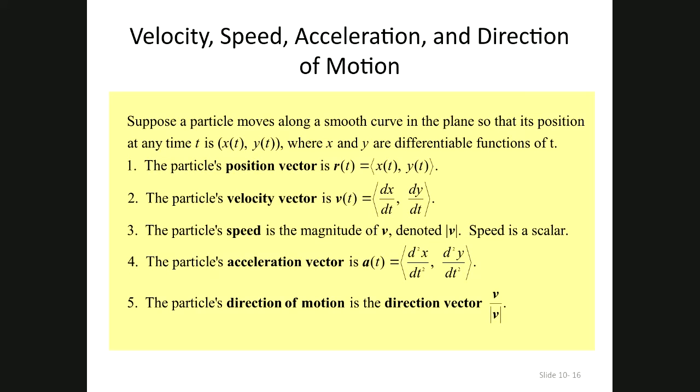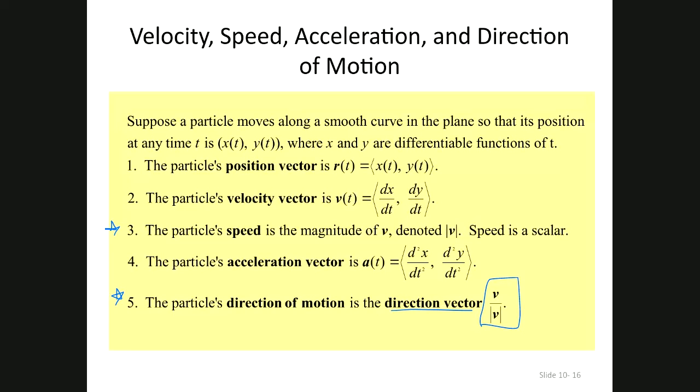Thus, the particle's speed is the magnitude, so it's just the absolute value of v. And then the particle's acceleration is the second derivative, just like it would be with anything else. The particle's direction of motion is the direction vector, v over the magnitude of v. Okay, these two are the most important that we're going to know, because the rest of them are pretty easy.